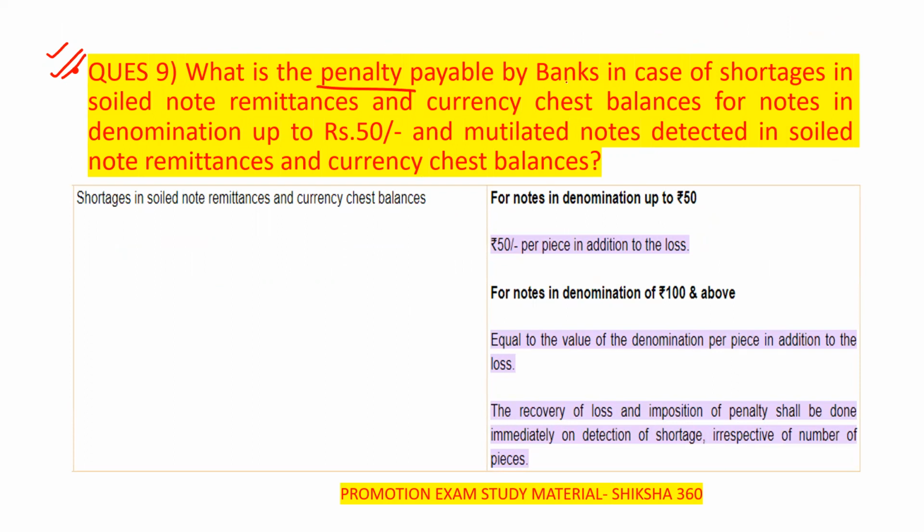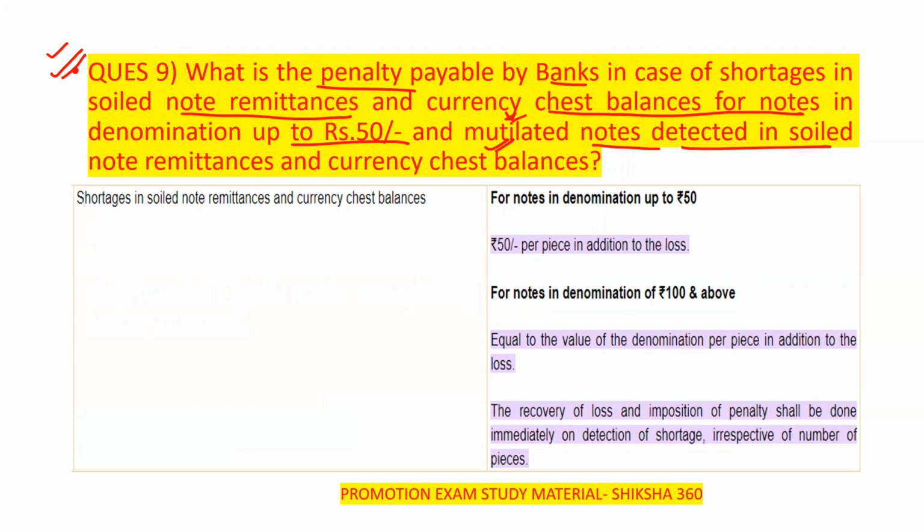What is the penalty payable by the banks in case of shortages in the soiled note remittances and currency chest balances for notes in denomination up to rupees 50, and mutilated notes detected in the soiled note remittances and currency chest balances?